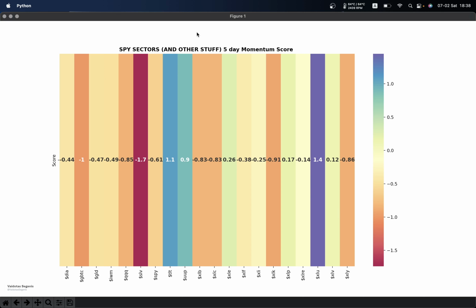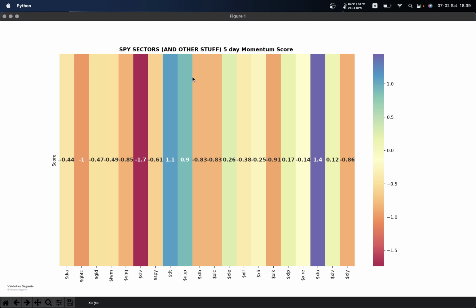I will talk about the interpretation of overbought and oversold very quickly. My general rule of thumb is that above 2 is overbought and below -2 is oversold, but it doesn't mean that the asset will revert immediately. We all know that assets can remain overbought or oversold for quite a long time.